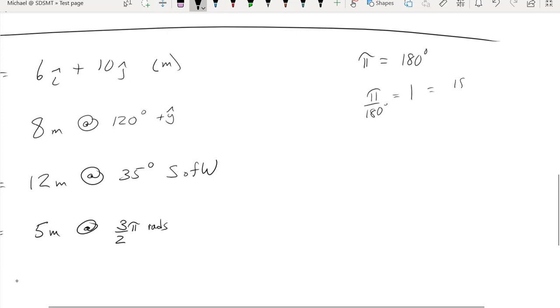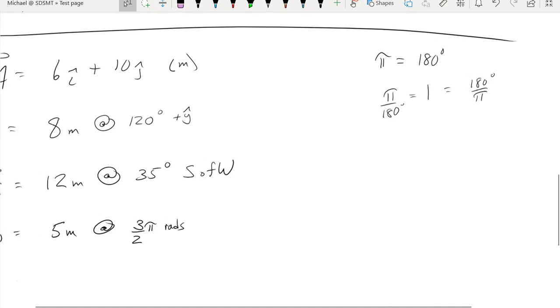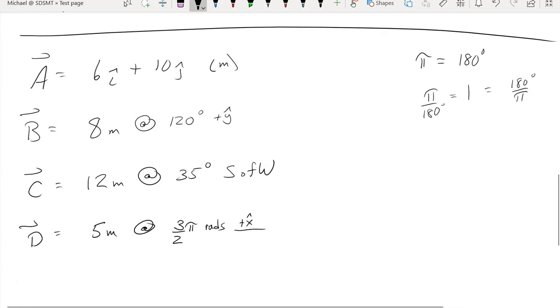Whether we have pi over 180 or 180 over pi, either way the ratio is still 1. But that means I should be able to convert that 3/2 pi into an angle. And you'll notice here I did not specify where that angle should be measured from. And if that ever happens, then by default we are supposed to measure from the positive x-axis.